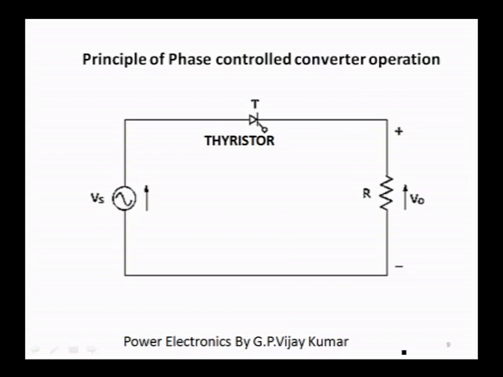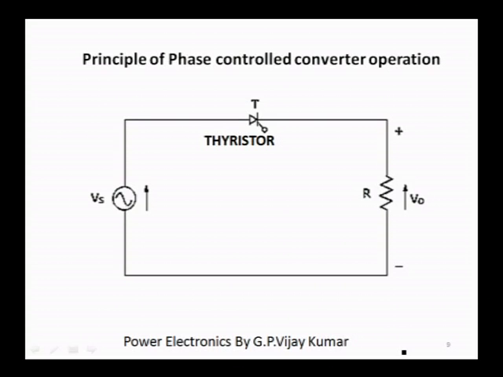So, the first condition is it should be forward biased, anode positive with respect to the cathode. When you apply the gate signal, that is, firing the SCR at a desired angle, the SCR conduction takes place. When the SCR is fired, it starts conducting and connects the voltage source Vs to the load.